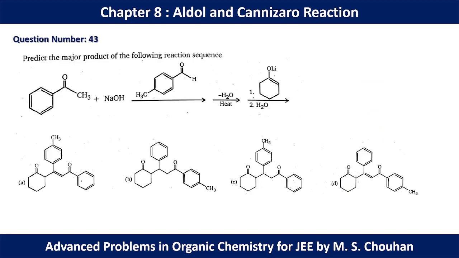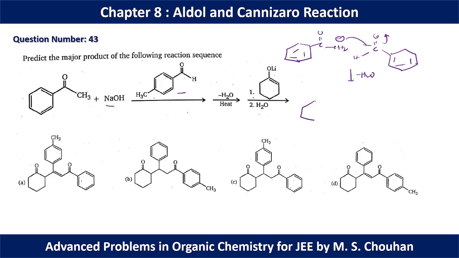In question number 43, we have phenyl ring C double bond O CH3 along with NaOH, and we have reacted with this one. So initially this acidic hydrogen will be abstracted and this minus will react with this position, and finally after the elimination of water we can have a situation like this: C double bond O, carbon hydrogen like this.